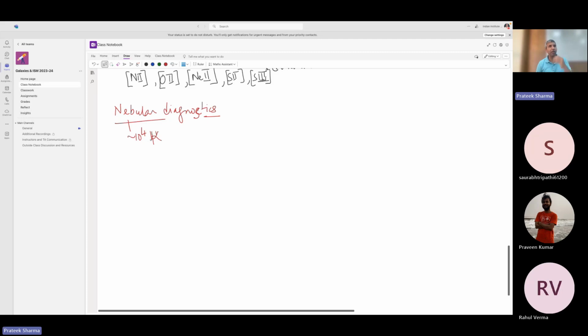You want to use some sort of line ratios. So you choose some line, say N2, some line, N2, some line. You want to choose the same ion and different lines in that same ion, so that there are no problems due to relative abundance of different metals in a particular region.